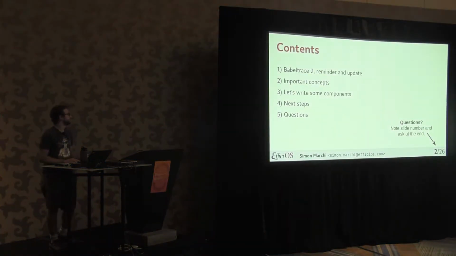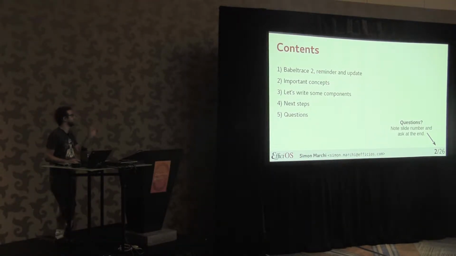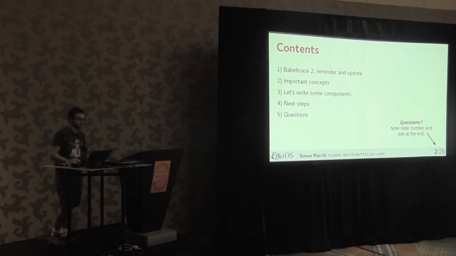So this is what the presentation is going to look like. First, give an update about the project. Then just a few important concepts about how the Babeltrace library works that's needed to efficiently write the components. Then I'll give small examples.